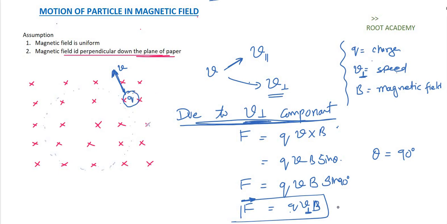For that we use the cross product rule. Take out your right hand and put all of your fingers in the direction of V, and then curl them towards the magnetic field, which will be going downward inside your paper.